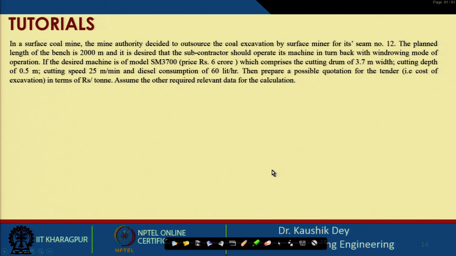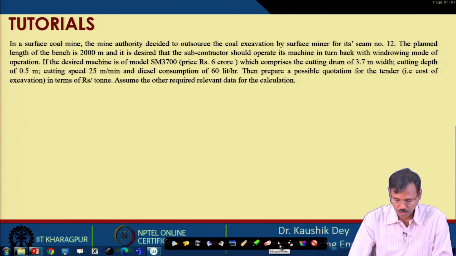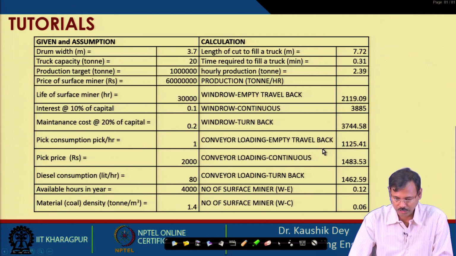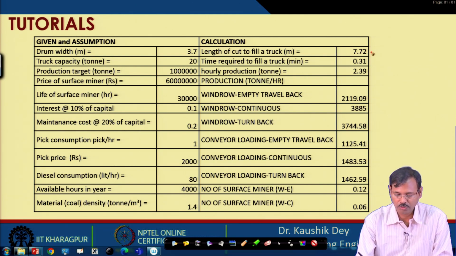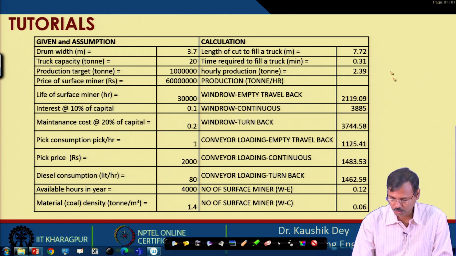Now, based on these assumptions, first what we did? First we have calculated the production. So, we have found the length to cut to fill a truck. Actually, there is some problem with this. Probably a little bit of mistake occurred here.